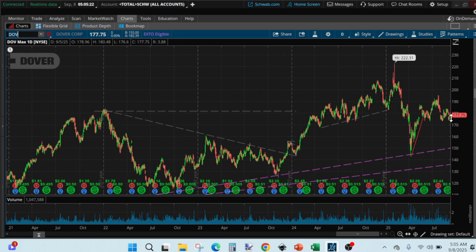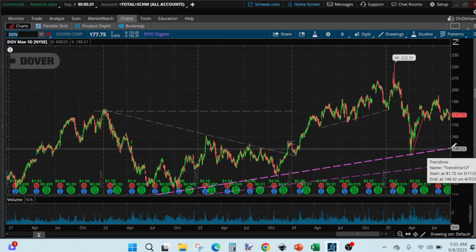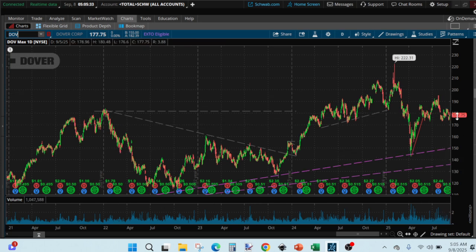But one thing you can do as well, if you are confident that it's done going down and it's on its way up, you could compare where you want to buy to where it is now to see the price difference, because the price is on the y-axis. Then compare the price where it is now to the previous high.